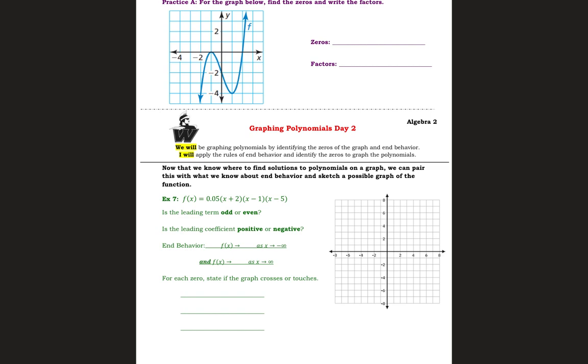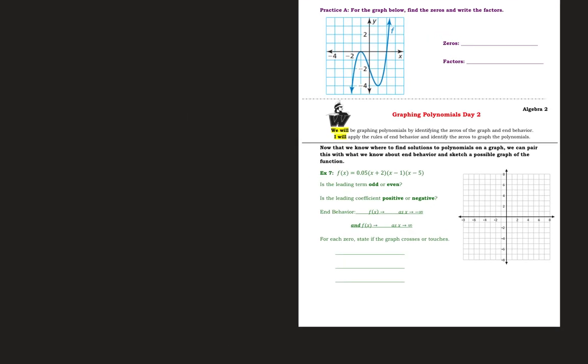So before, when we looked at the leading term, we looked at an equation like this. Let's do f of x equals 5x cubed plus 6x squared minus 7x plus 1.